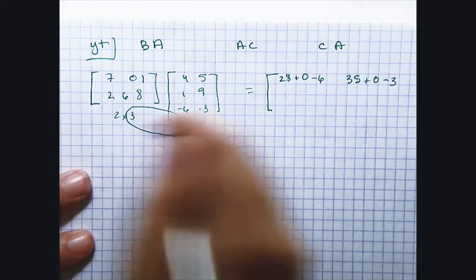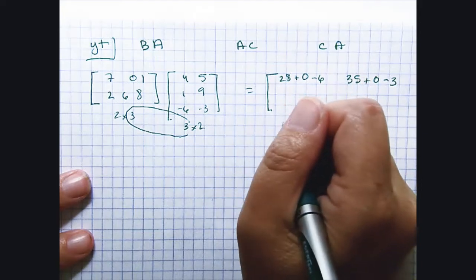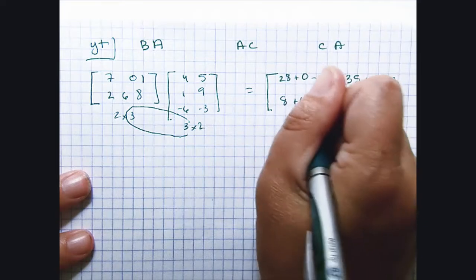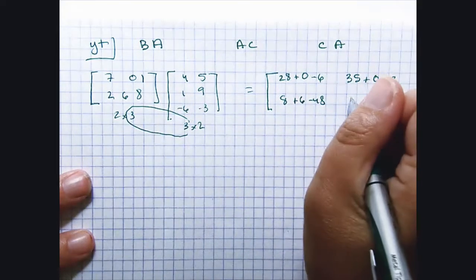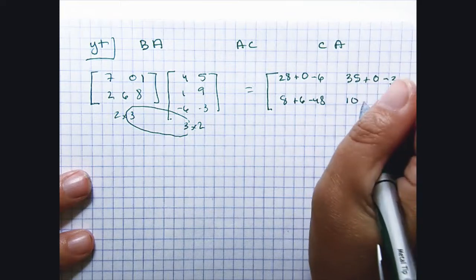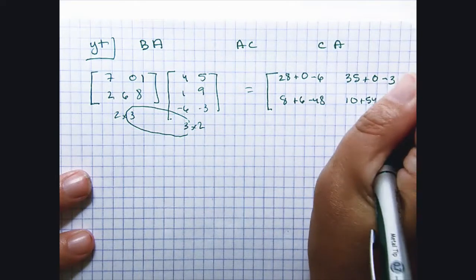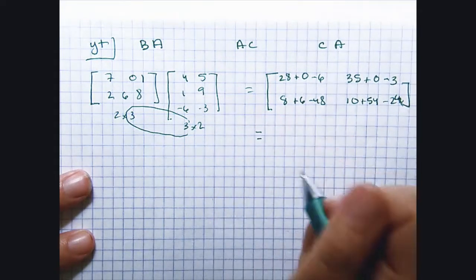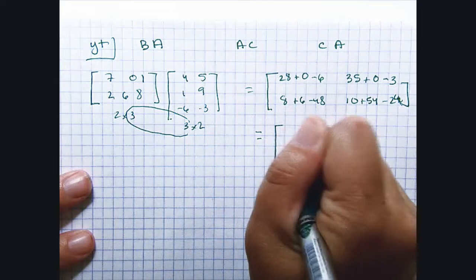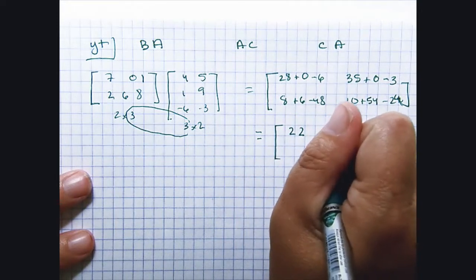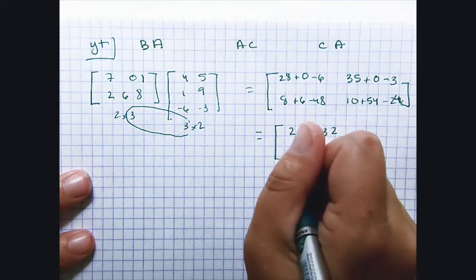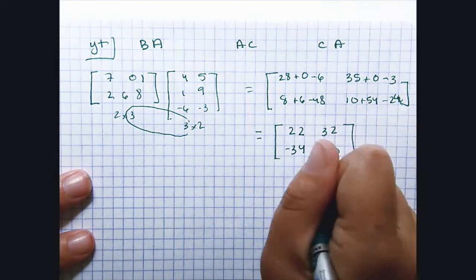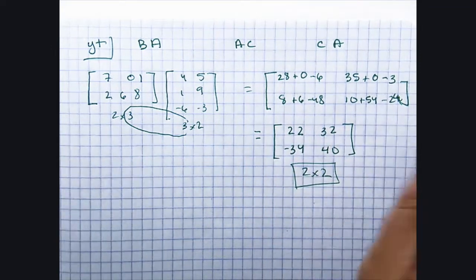And now we'll do the same thing with row 2. 8 plus 6 minus 48. And then 2 times 5 is 10. Plus 54 minus 24. And that turns into 22, 32, negative 34, and 40. And sure enough, the answer is a 2 by 2. So that is good.